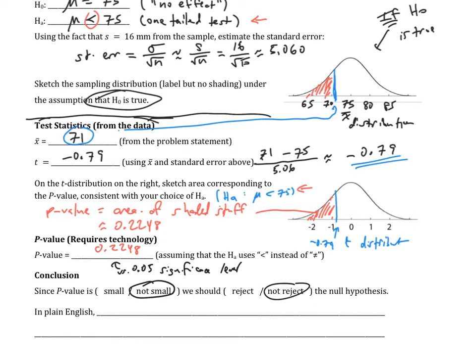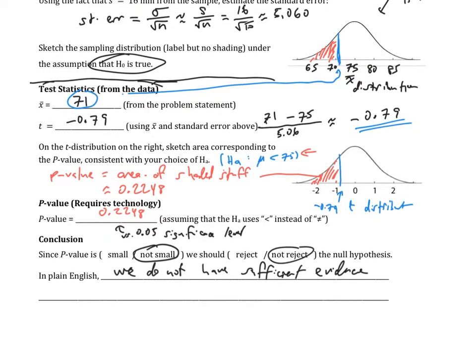Remember that when we're choosing these conclusions, we're either taking both the first ones or both the second ones. There's no combination of the two. If our p-value is not small, then we do not reject the null hypothesis. And so we do not have sufficient evidence, and then we just state HA as best we can. HA was the statement that the exercising women's blood pressure is less than 75.